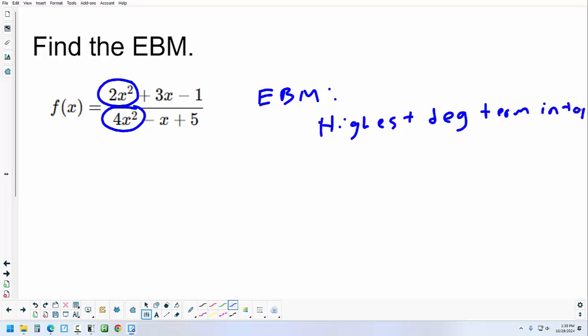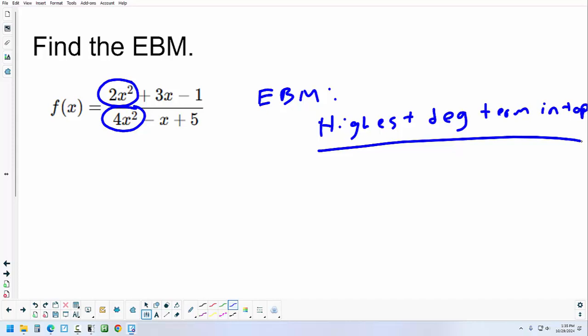in the top. When I look at this one, I've got 2x squared, 3x, and negative 1. The highest degree term in the top is 2x squared. What about the bottom?